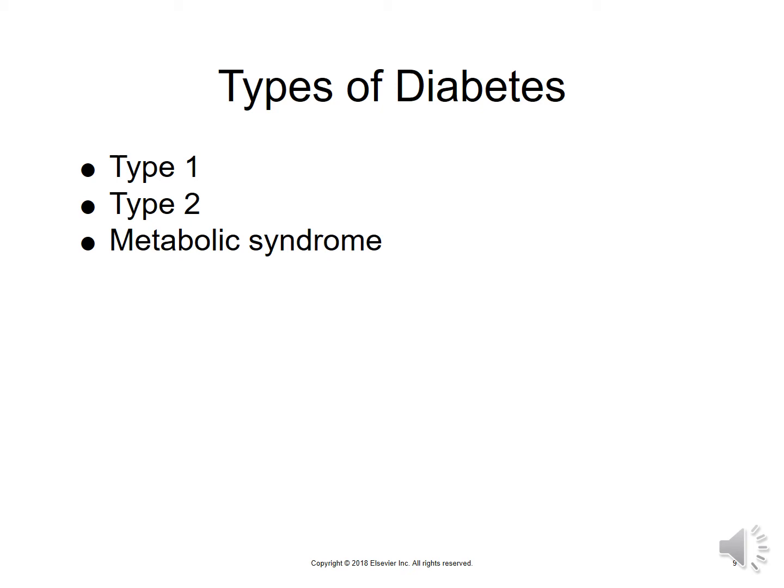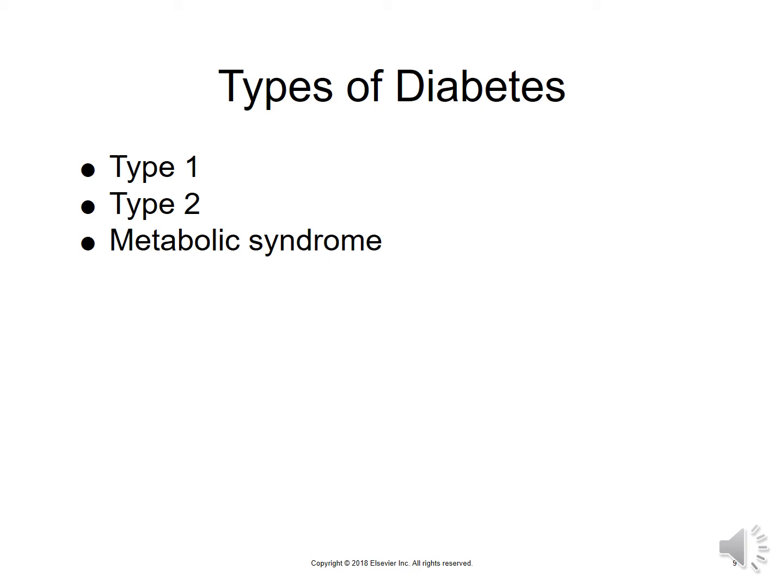Type 2 diabetes is one of the two major types of diabetes, and it's the type in which the beta cells of the pancreas provide insulin, but the body is unable to use it effectively because the cells of the body are resistant to the action of insulin.